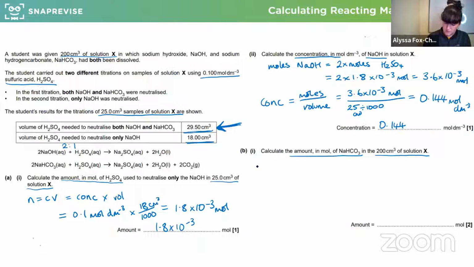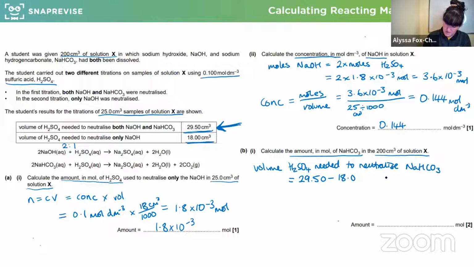So my volume of H2SO4 needed to neutralize sodium hydrogen carbonate must be 29.5, the difference between 29.5 and 18, which is 11.5, I believe, centimeters cubed.